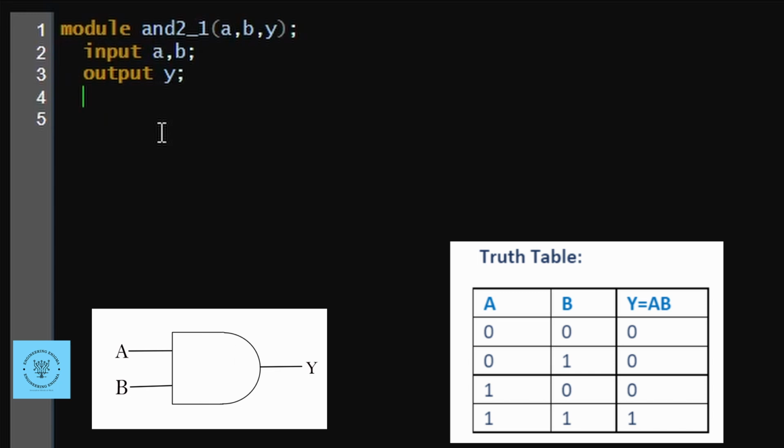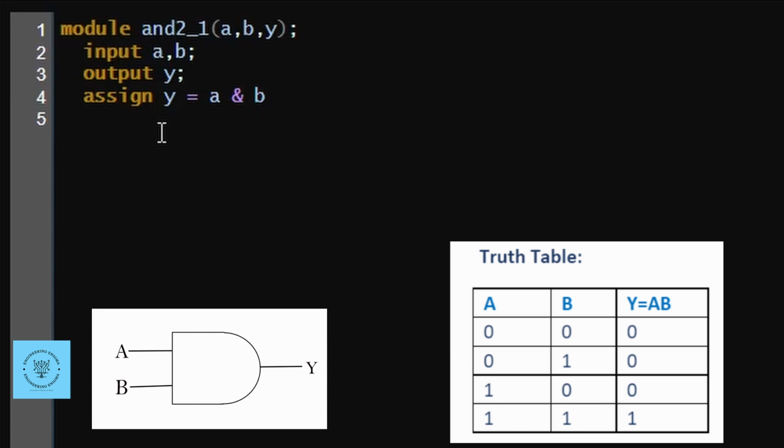As we are using a data flow model, what is a data flow model? In data flow model, we use symbols like the and symbol or or symbol instead of directly calling the and or functions. So assign y equal to a and b.